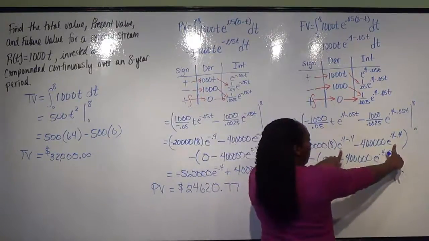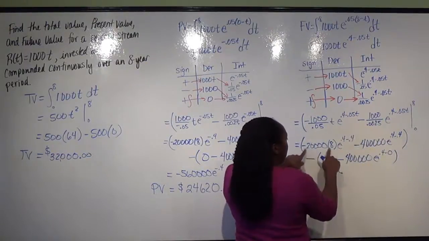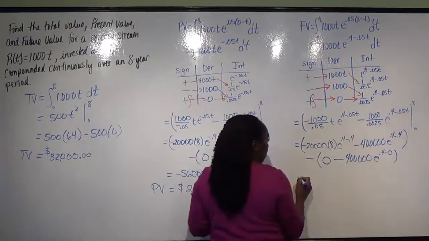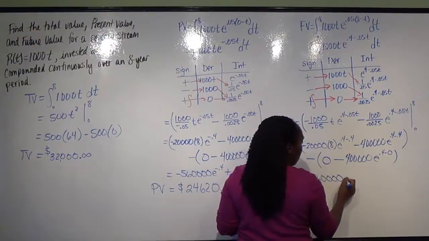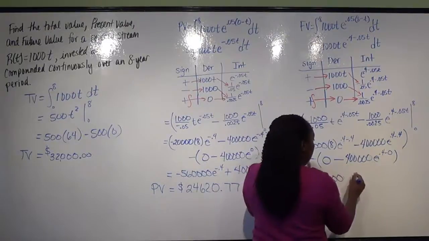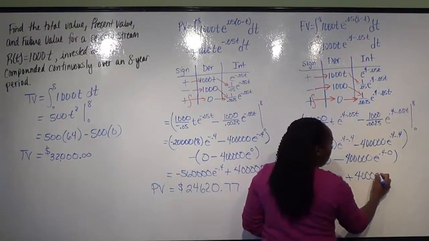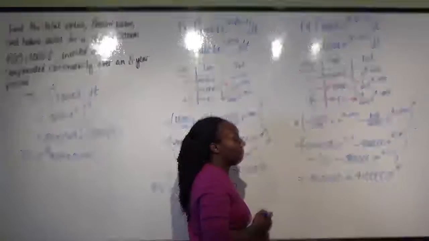So notice our exponents for the upper limit are the same. We're going to get an e to the 0 there. So we'll get the negative 160 minus the 400. So that looks like a negative 560,000 e to the 0, which is just 1, minus a negative or plus 400,000 e to the 0.4.